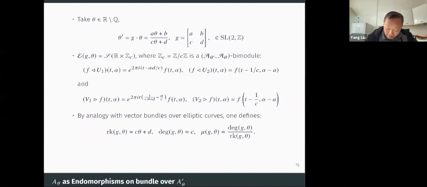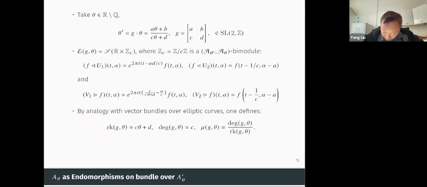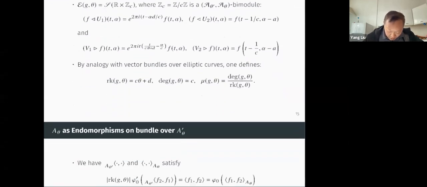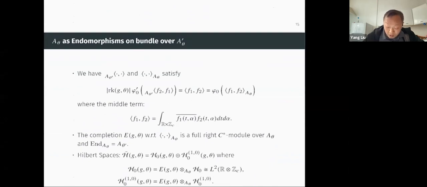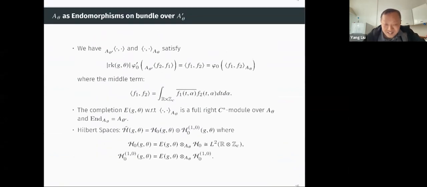In analogy with algebraic geometry, we define the notion of rank, degree, and their quotient. Again, what's important to us is this inner product. The crucial ingredient we would like to use from the Morita equivalence is the following: we now have three inner products.